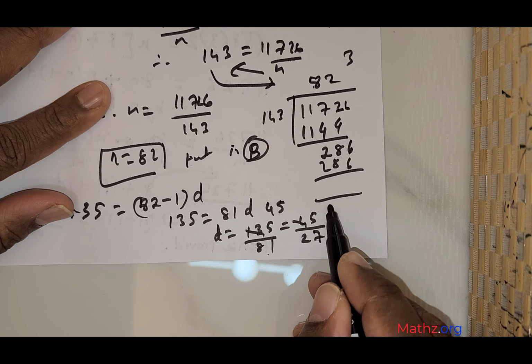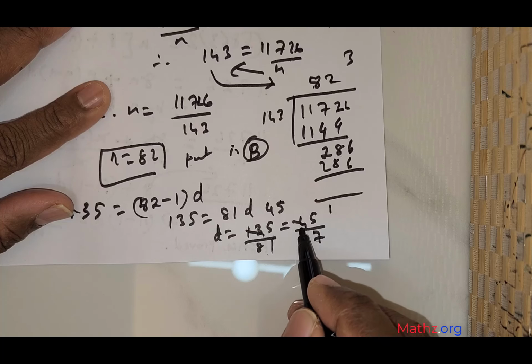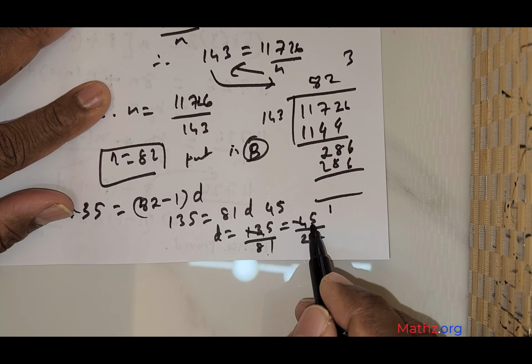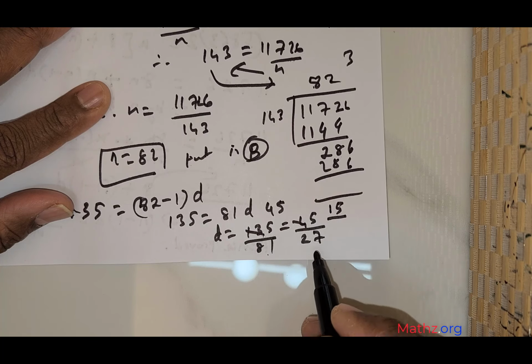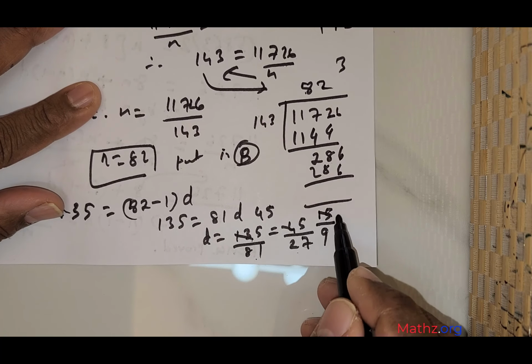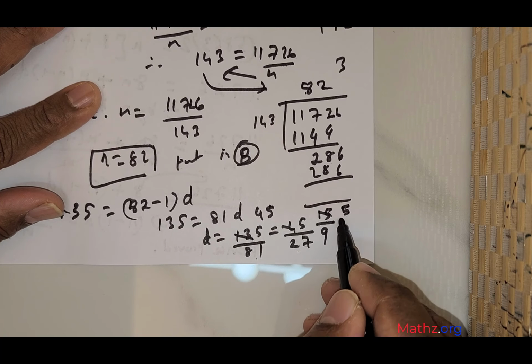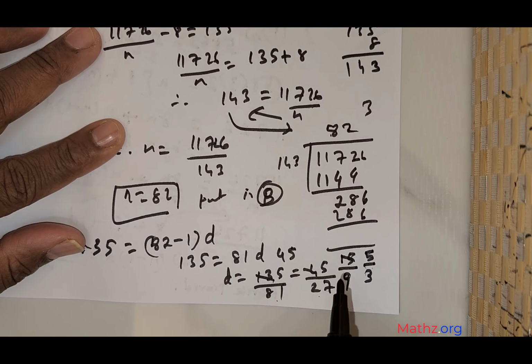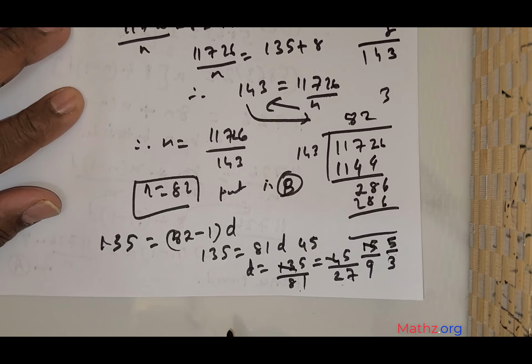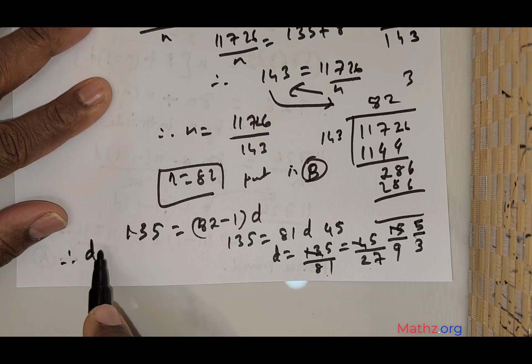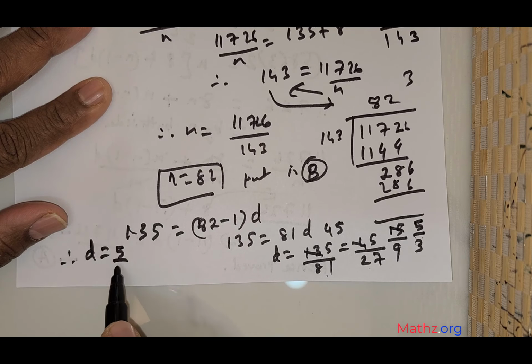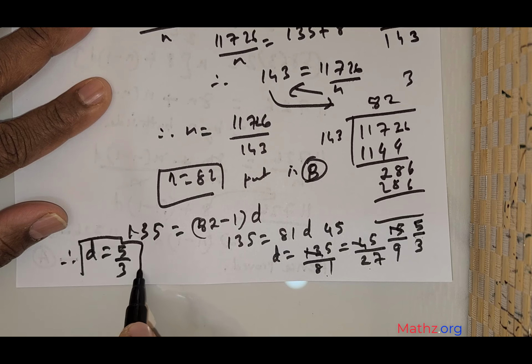Again 3 can divide 45 to give 15, and 27 to give 9. Again 3 can divide 15 to give 5, and 9 to give 3. Of course, I'm just using guess and check. Therefore D is equal to 5 over 3. So that is the solution for this question.